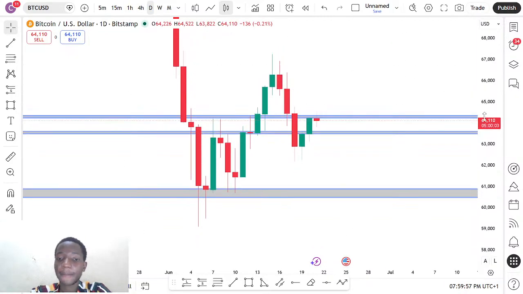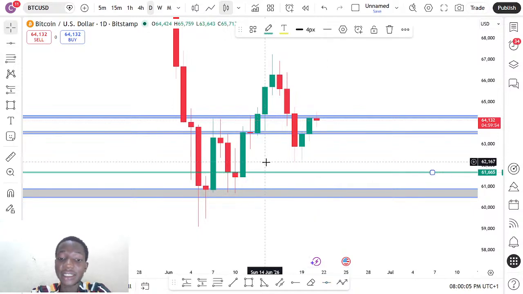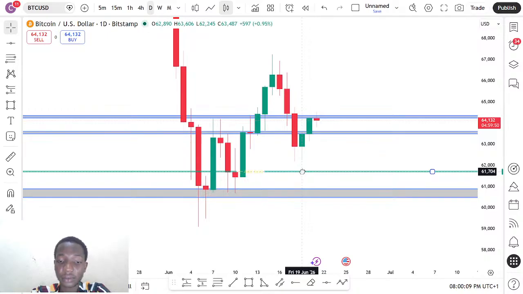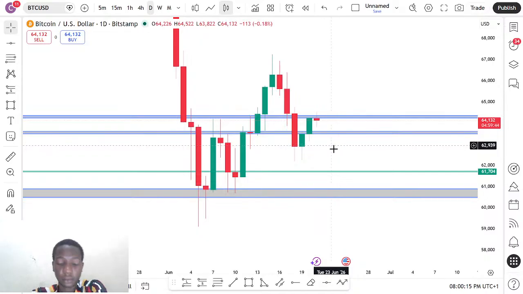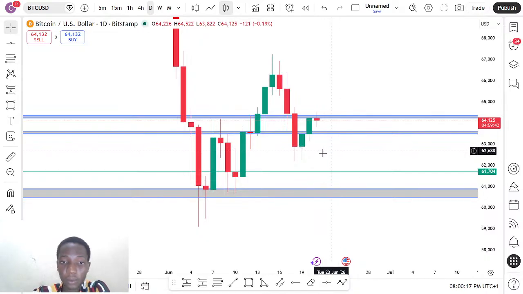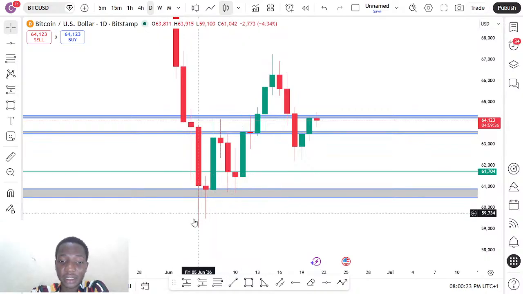And like I said, there's a break of structure here. So that's why I put this one here. But this is a demand zone, a possible reversal zone. I just want to be careful with taking a trade at this point.